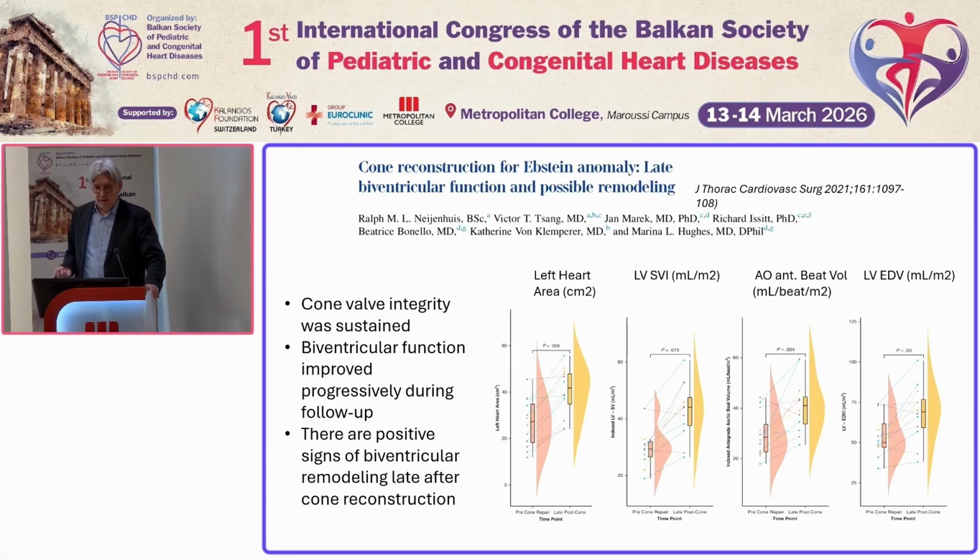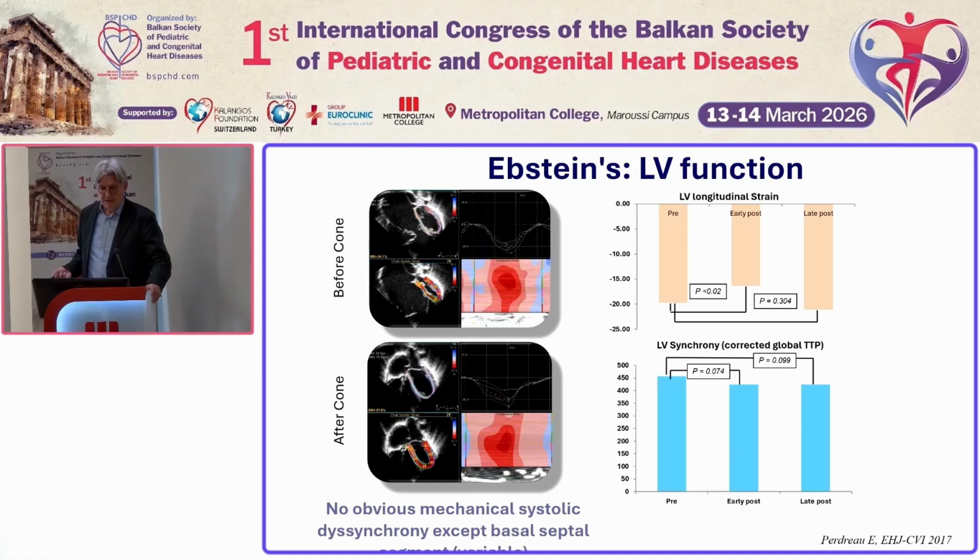And more importantly, and this is one of the recent studies, we clearly see that the left heart is improving, and this is important because then you increase the stroke volume and the cardiac output, and clinically the patients are getting better. They are also getting better synchronized when you look at the left ventricle, the strain and the synchronicity index.